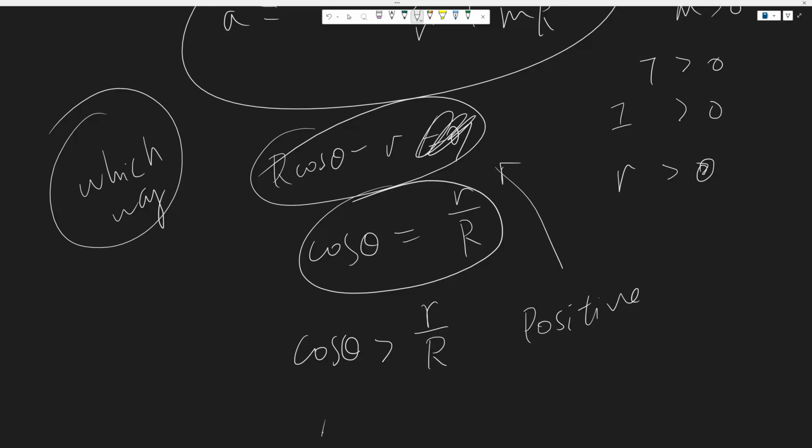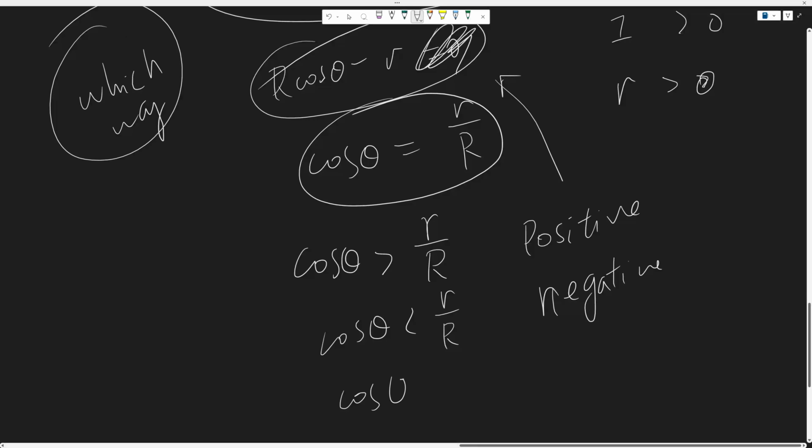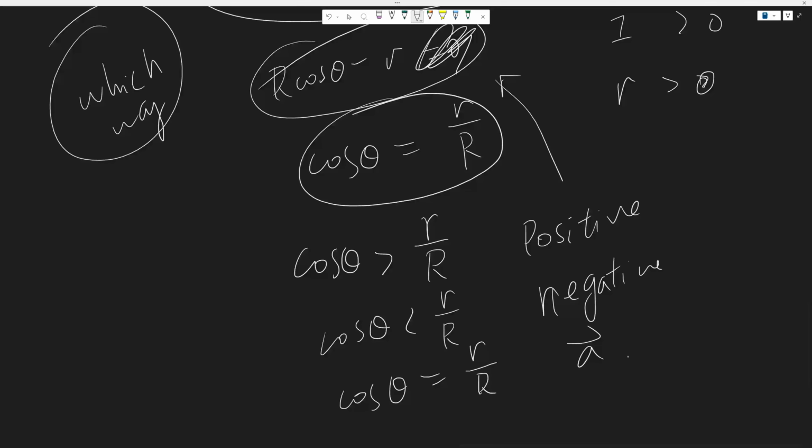If it's the reverse, cosine theta is smaller than small r over capital R, we know that the acceleration is always negative. And if they are equal, we know that there is no linear acceleration. So it's 0. And so that is our answer to this exercise.